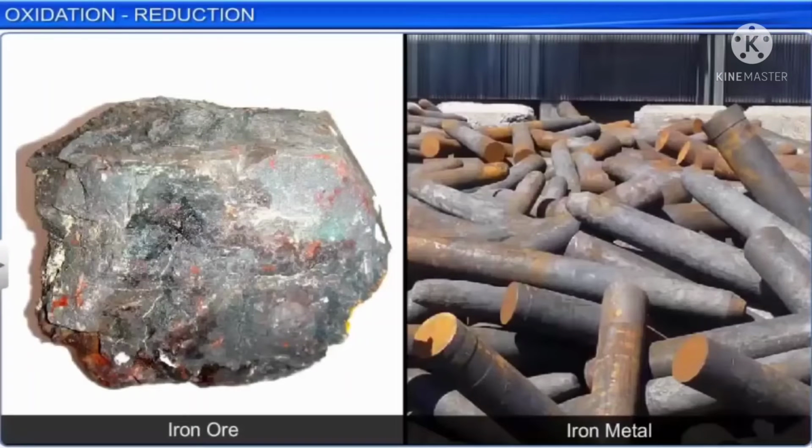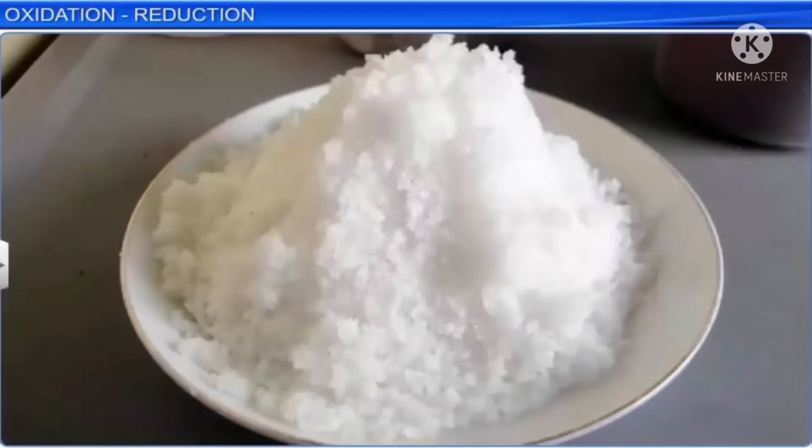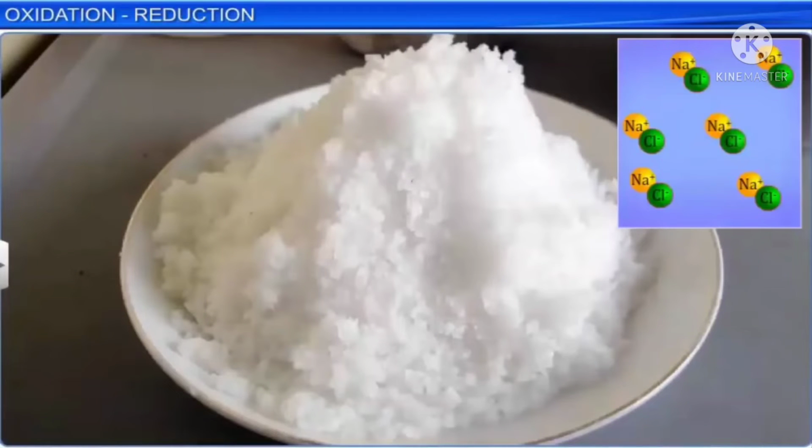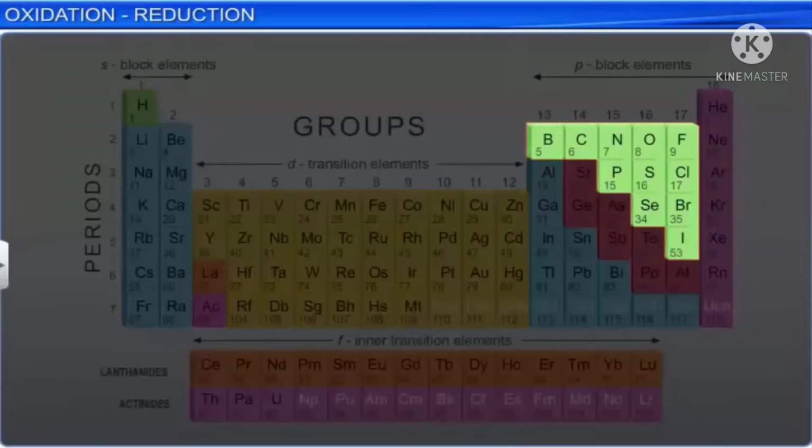You have already studied how metals are extracted from their ores by the process of reduction. You know that nonmetals are generally available in combined states in their reduced forms. Hence, nonmetals are isolated or extracted by oxidizing their compounds.